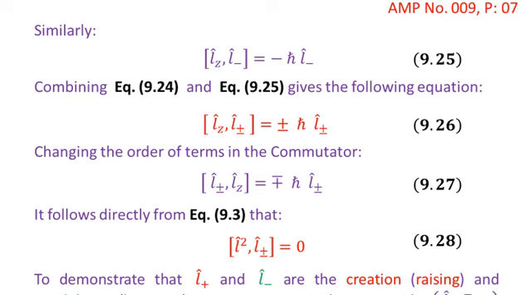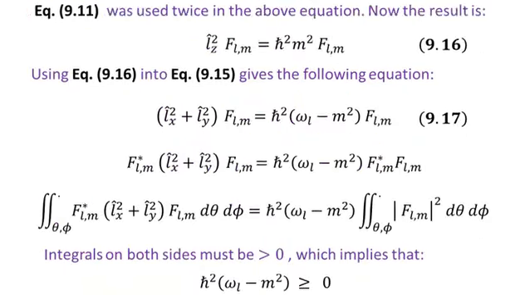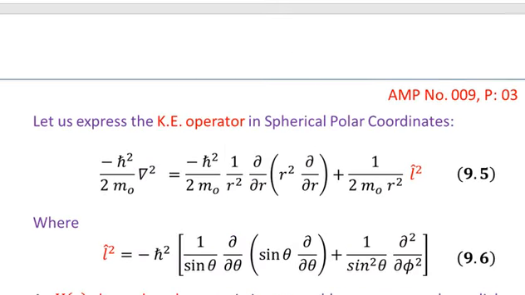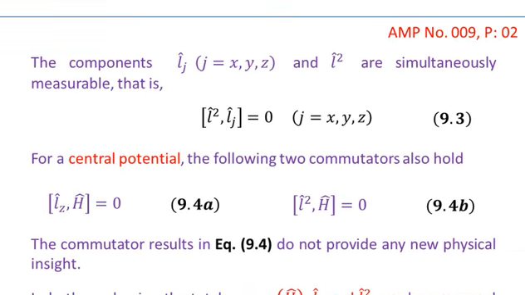It follows directly from equation number 9.3, that the commutator of L square with L plus minus will be 0. So let me show you equation number 9.3. So this is the equation. You see that in this equation, the commutator of L square with the individual components Lx, Ly or Lz will be 0.